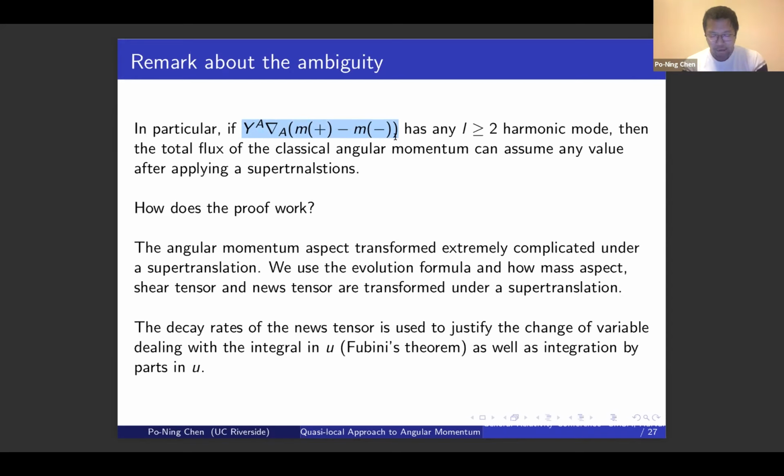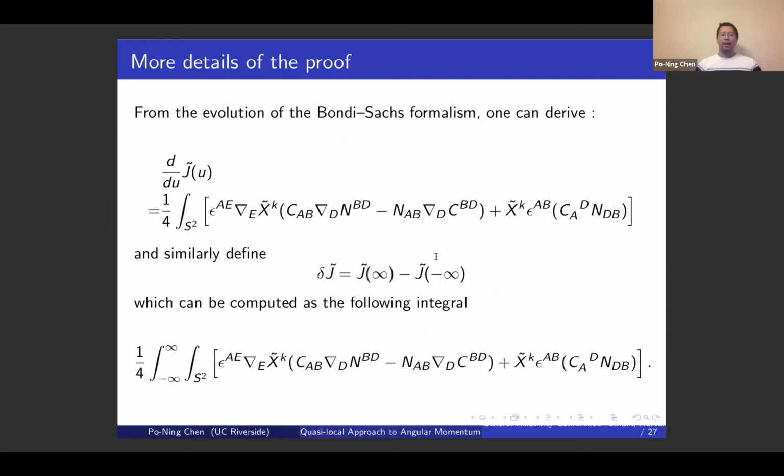Now, how does the proof work? Well, it's similar in spirit to the previous argument we used to show that the energy radiated away is supertranslation invariant. So we start by computing the derivative of the Dray-Streubel angular momentum, which can be written as the following integral.